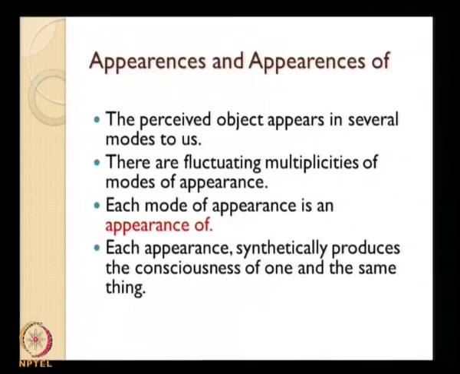Appearances are there, I am quite aware of that, but these appearances depend on the object of which they are appearances. Each appearance synthetically produces the consciousness of one and the same thing. All appearances are of the same bottle which remains out there in the world.